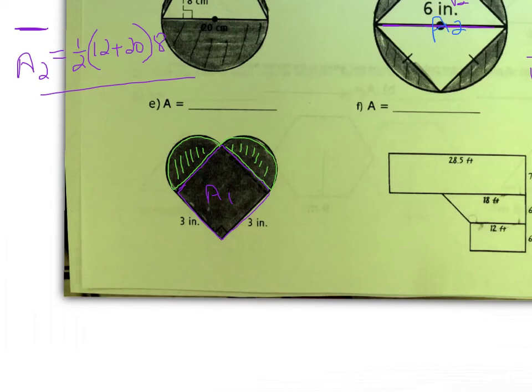Okay, so then area 1, for the area 1, it's going to be just 3 inches quantity squared, right? Which is 9 square inches.